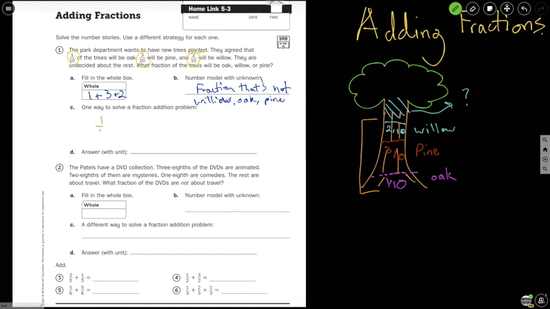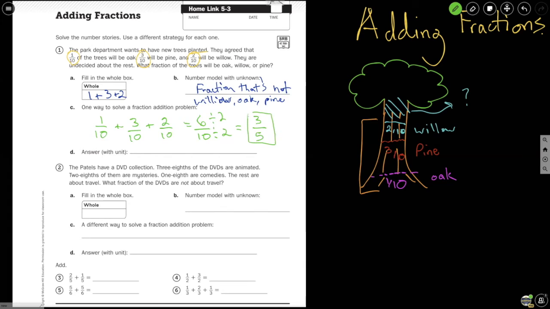So we got 1/10 plus 3/10 plus 2/10, which is going to be 6/10. And we need to reduce this because we have two even numbers. So 2 goes into 6 and 10 evenly. So 10 divided by 2 is 5 and 6 divided by 2 is 3.